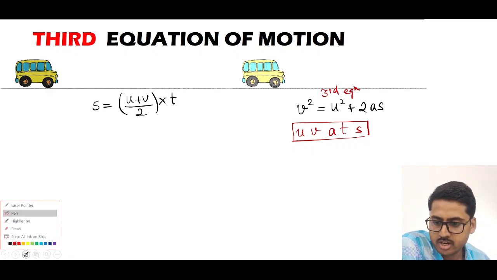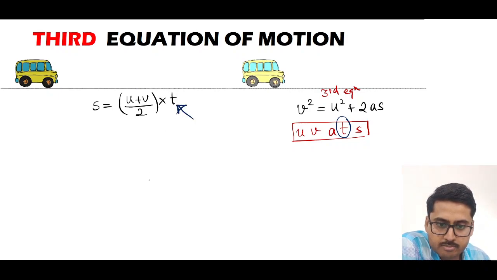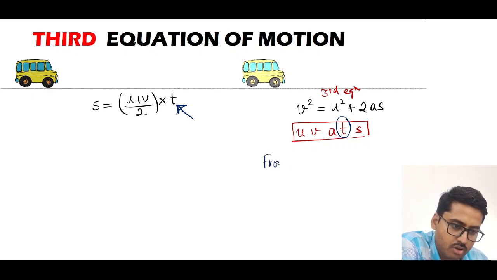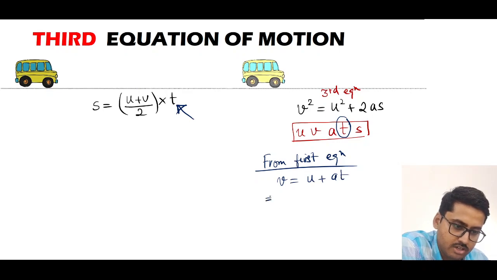I hope you have figured out. It is the time. You can see time is not present in the third equation. So we need to substitute time from the first equation. So you know the first equation, which is v equals u plus at, and if you just find what is t from here, we will get v minus u equals a into t, and we can write t as (v minus u) by a, which I have also shown you a little earlier.